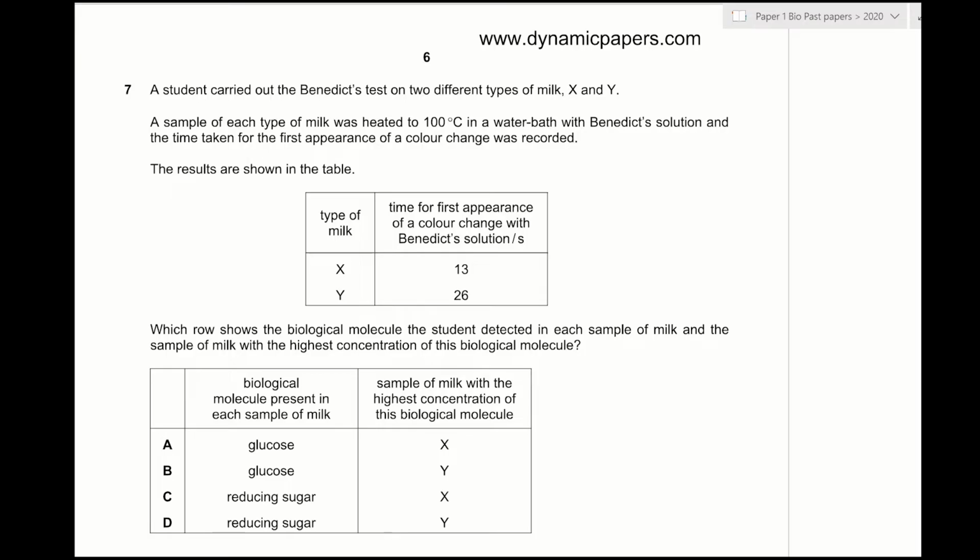So let's first start by identifying what is Benedict's test used for. It's used to test for the presence of reducing sugars. And a positive test would turn from blue to brick red.